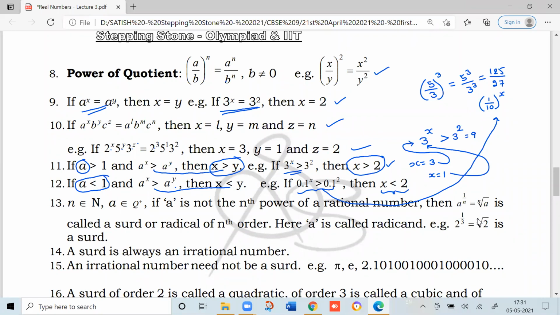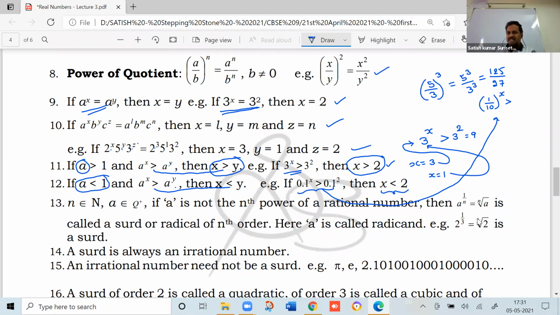And the symbol is greater than 0.1 whole square, meaning 1 upon 10 whole square. So here x must be less than 2.